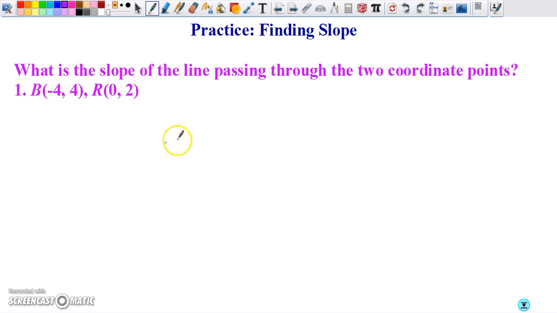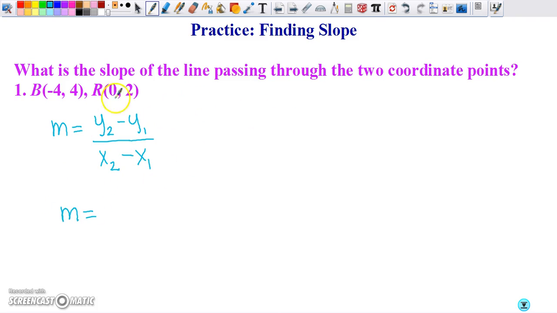So let's actually find the slope of some lines and see how to use those equations. So first thing when you're finding the slope is write out the equation every time. This helps you memorize it, makes your life much easier in the long run. So y2 minus y1 divided by x2 minus x1. So rise over run.